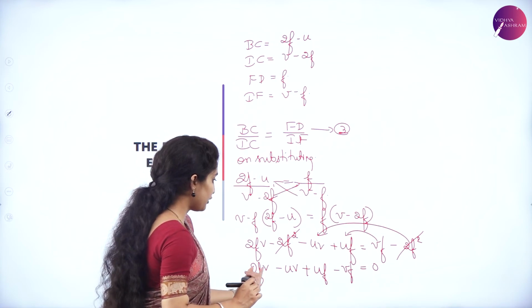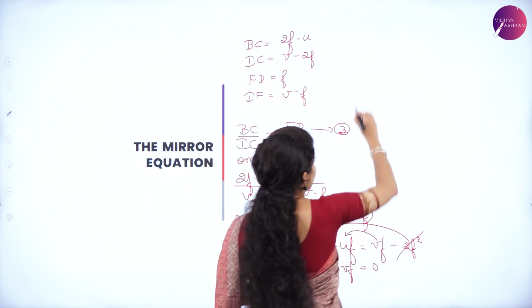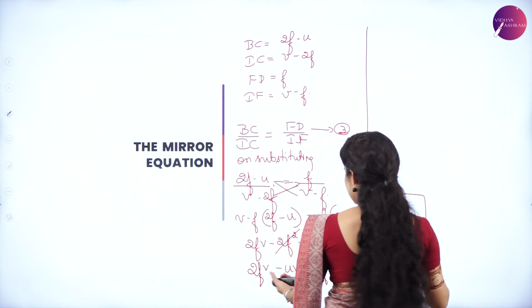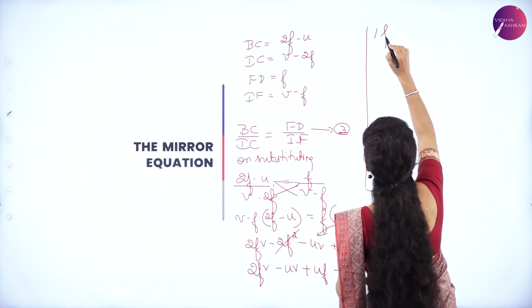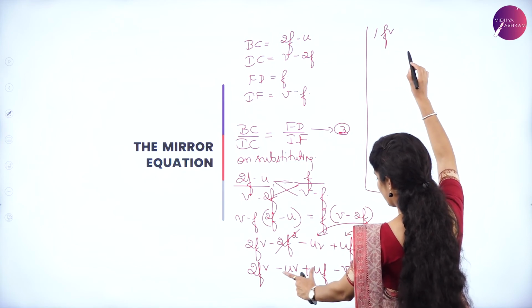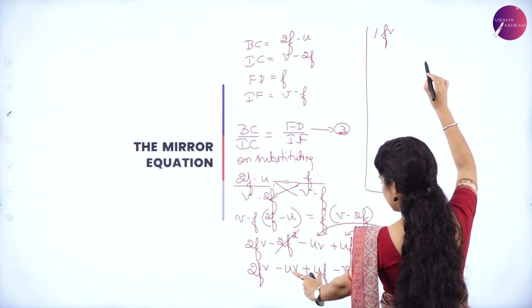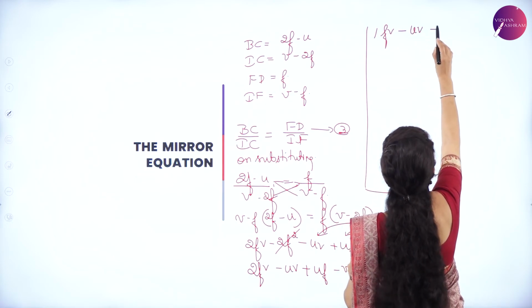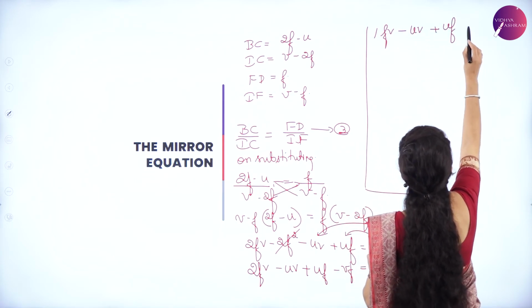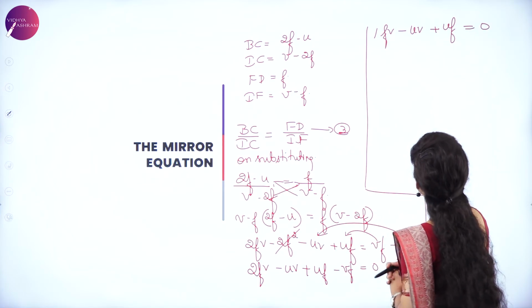So FV minus VF, you can just equate it as 2 minus 1 is 1, 1 FV, and here you can just equate these two as minus UV and plus UF is equal to 0.